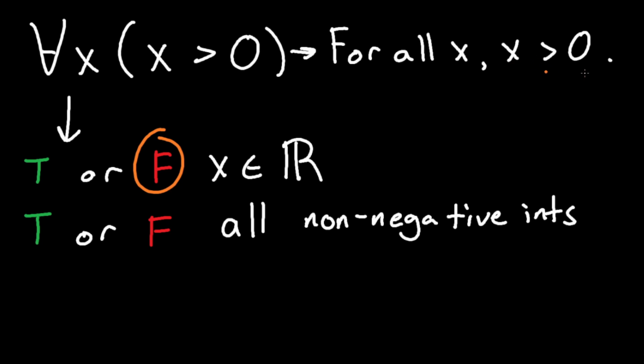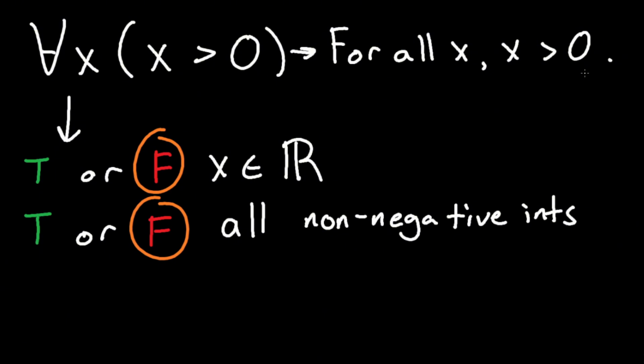Remember, this statement isn't greater than or equal to, it's just greater than. That's the only integer that is non-negative that is not greater than 0. It's the only number that proves this statement false. Therefore, due to this quantifier, this has to be false.